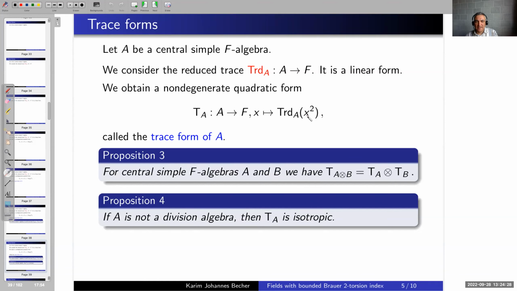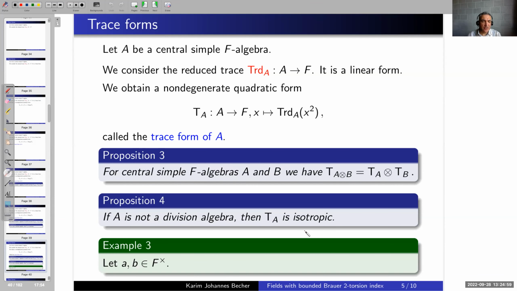In the n by n matrices over F, find a matrix whose square has trace 0, that is easy. So you will see in this way easily that a non-division algebra must have an isotropic trace form. But this is really a one-way implication. You cannot turn this around, but it will get useful.